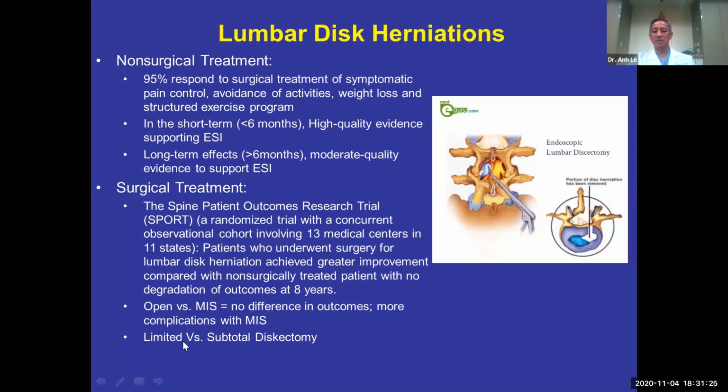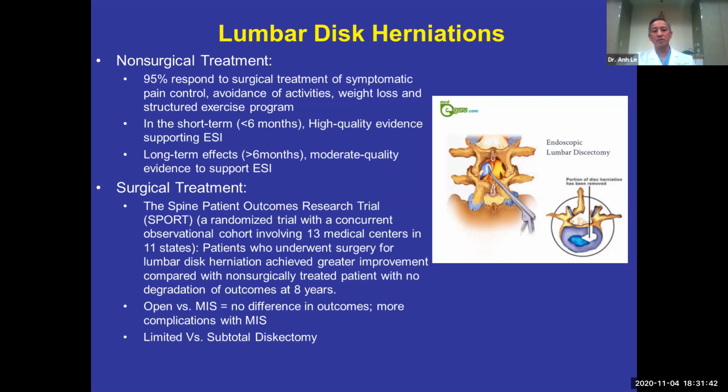With limited discectomy, there is a 10% chance that whatever's left behind might extrude back out again. However, I would accept that 10% chance to reduce the incidence of post-discectomy back pain.